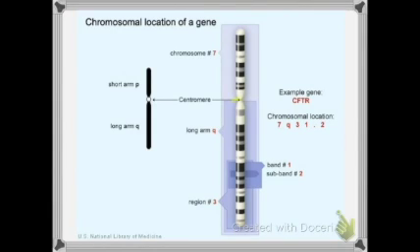The centromere separates the chromosome into 2 arms, the short arm and the long arm, designated P and Q respectively. The arms are separated into regions, as seen in this region number 3, and then further separated into bands.